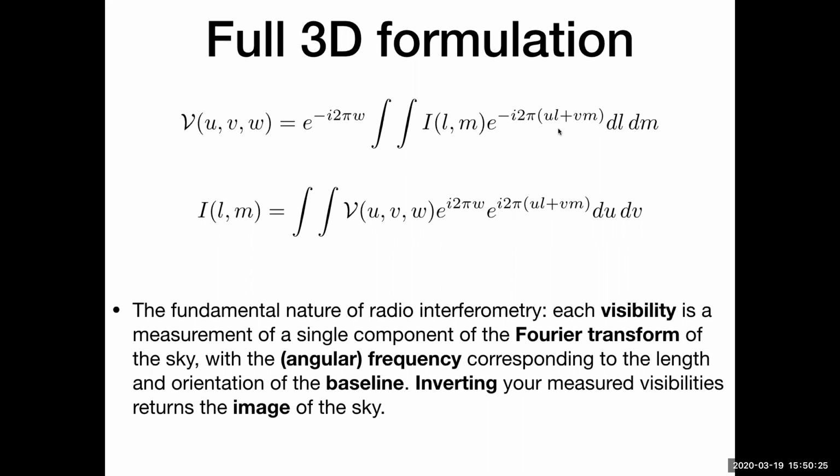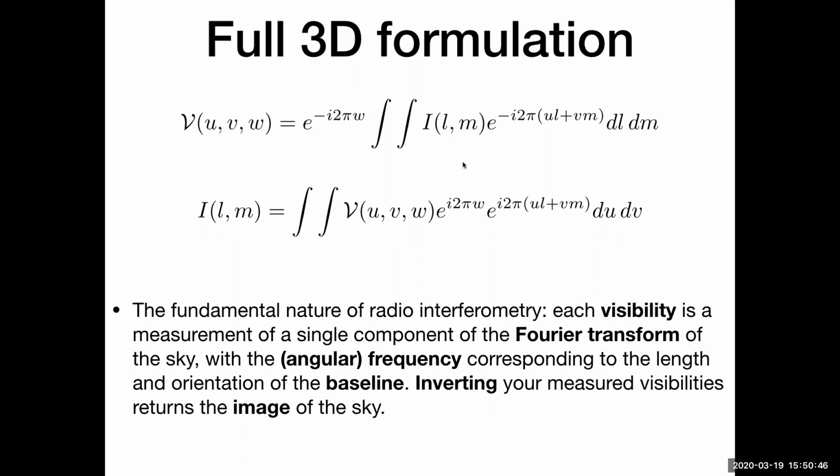And so whenever we measure a visibility, what we're measuring is the 2D Fourier transform of the sky, modulated by this term, which usually is small and is related to the geometric time delay. So I think we can ultimately correct for it.